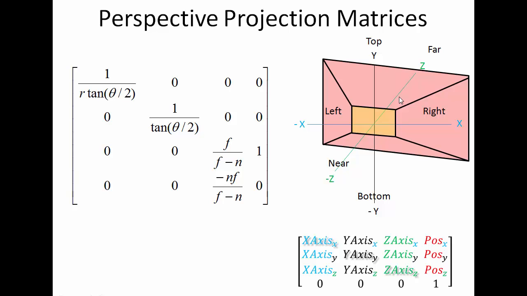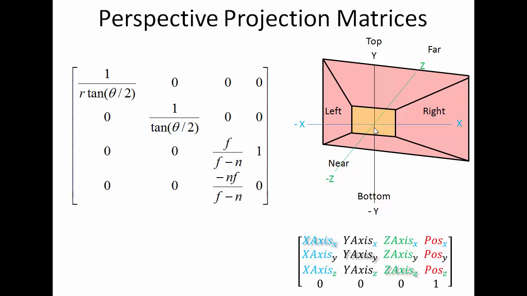And my artwork here is not that great. I'm trying to draw a 3D representation here and didn't do a very good job. But you still have the yellow near plane and the red far plane. The red far plane is obviously a lot bigger. And then you have the left side of the pyramid, the right side, the top, and the bottom. Basically, it's a four-sided pyramid with the top cut off here.